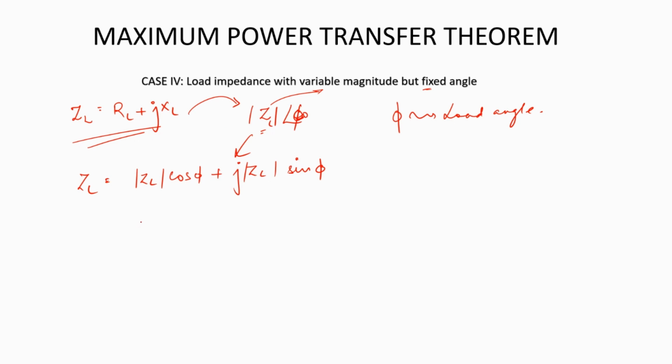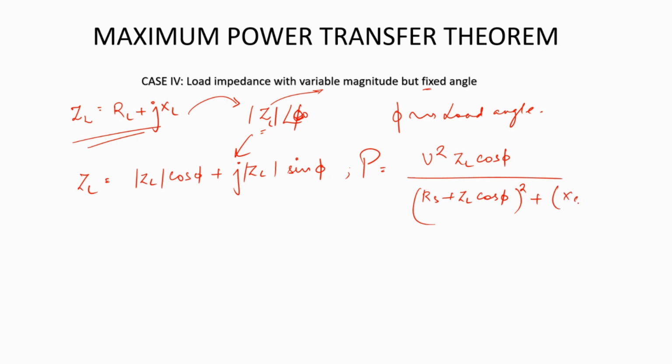In this case, what would the power be? So the power would be given as V square ZL cos phi divided by RS plus ZL cos phi the whole square plus XS plus ZL sin phi the whole square. So what does this mean?